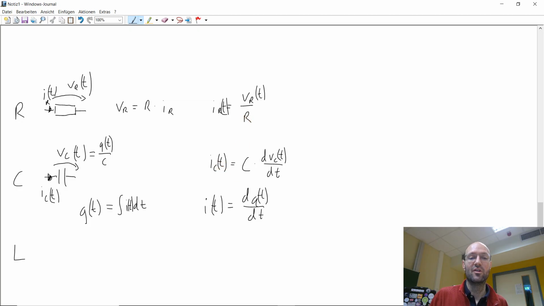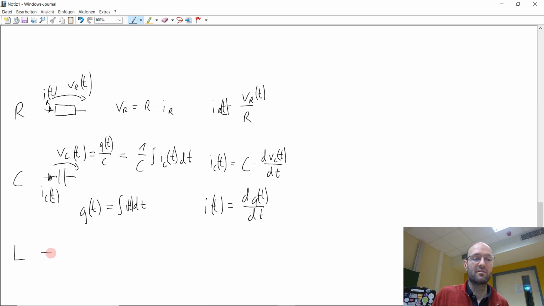Here, current is the time derivative of the voltage times the capacitance. And we can also go back to this equation and say the voltage drop across the capacitor would be 1 over C times the current through the capacitor integrated over time.